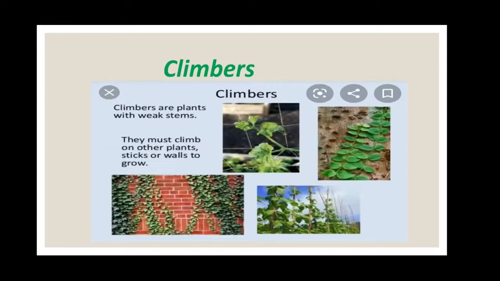Next, climbers. Climbers are plants with weak stems. They must climb on other plants, twigs or walls to grow. So climbers always need a support to grow. Examples: money plants, grapevine or peas.